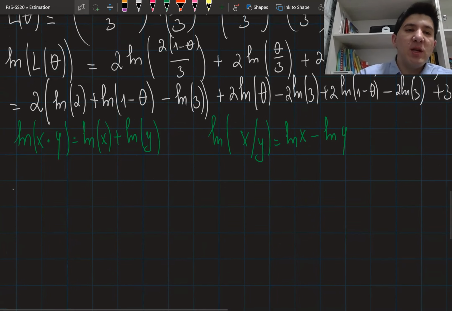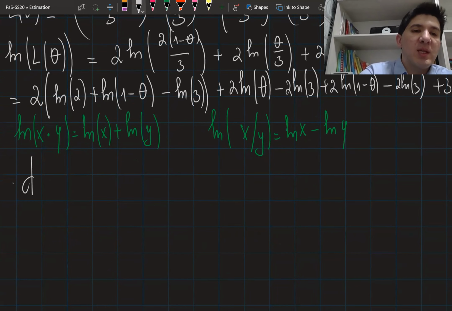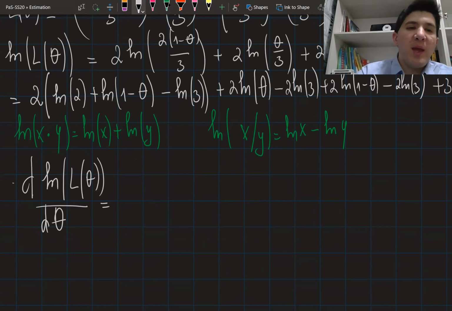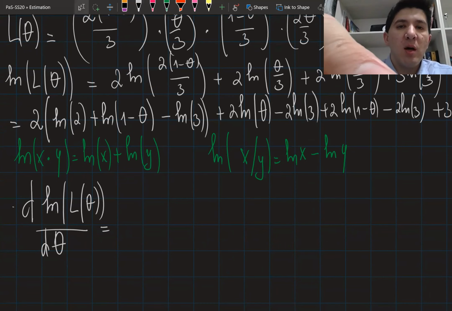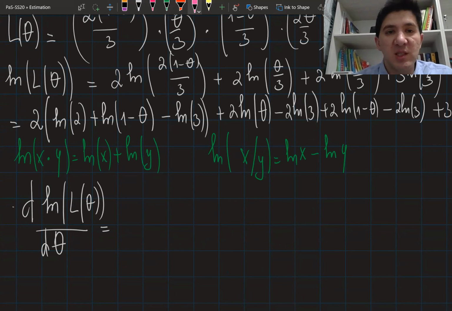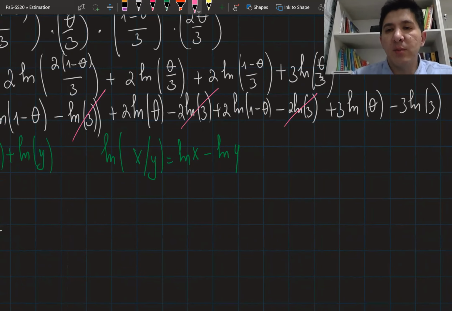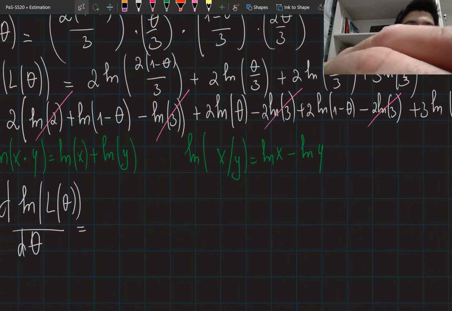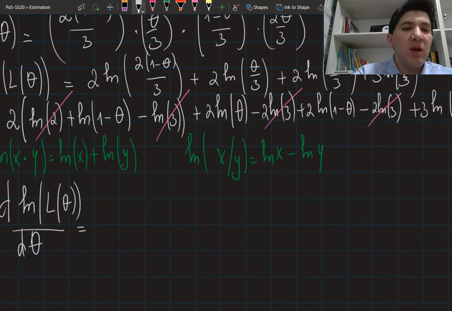So what we have to do is maximize it. That is why we take the derivative of the ln of the likelihood function with respect to theta. All the terms with constants are going to just vanish. These terms don't depend on theta, so they are simply deleted, right? What is left is 2 times ln of (1 minus theta).